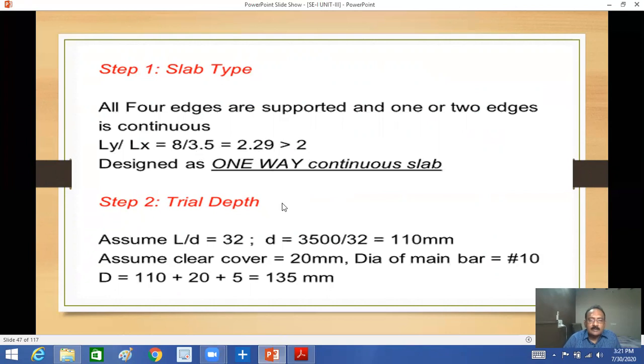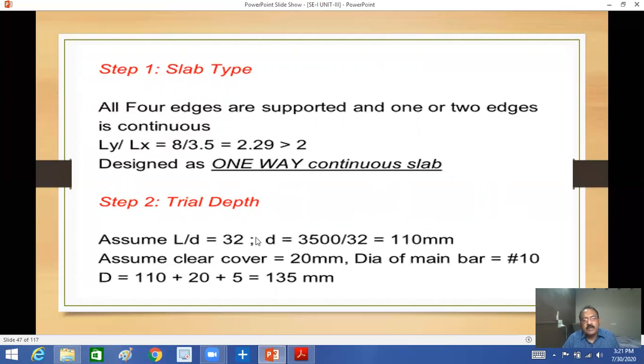And the trial depth we have taken here is 32 because it is continuous. Previously we have taken 25. Here for continuous slabs it is 30, 35, as we observed in IS 456. Here the depth assumed is 110 because we have to take the maximum depth, otherwise in shear failure we have to redesign.